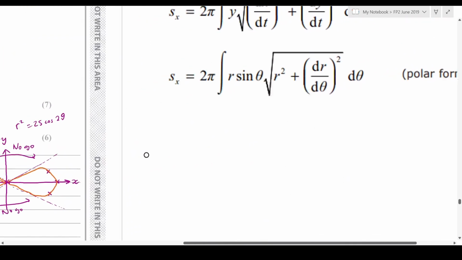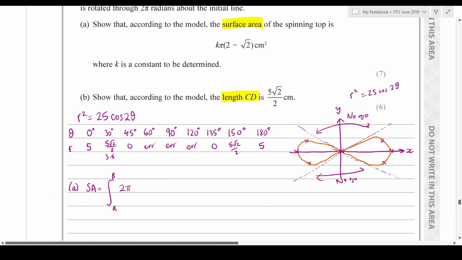So 2 pi integral between alpha and beta, r sine theta times the square root of r squared plus dr by d theta, squared, d theta.